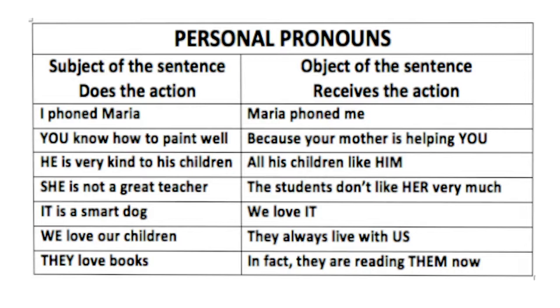Alright, the other sentences, say after me: You know how to paint well. He is very kind to his children. She is not a great teacher. It is a smart dog. We love our children. They love books.